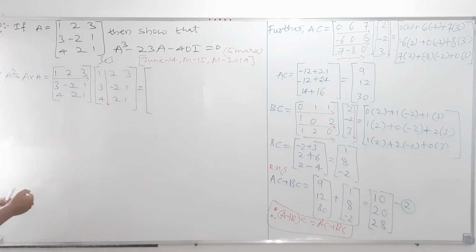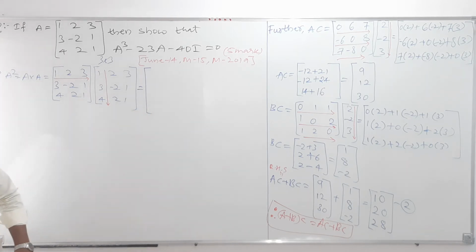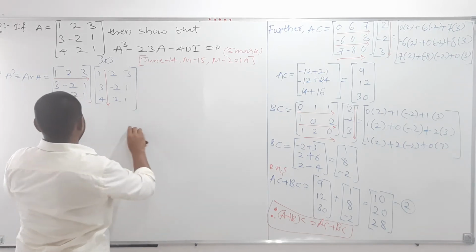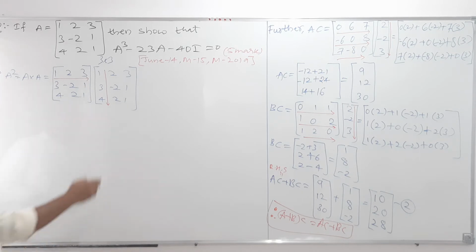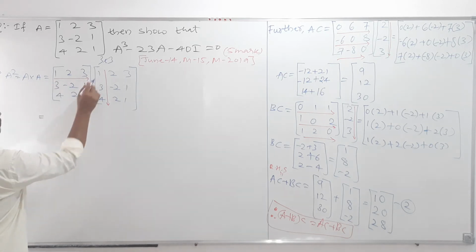So therefore my dear students, we don't have sufficient space, so I'll write here because of lack of space. So now my dear students, here it is row by column.